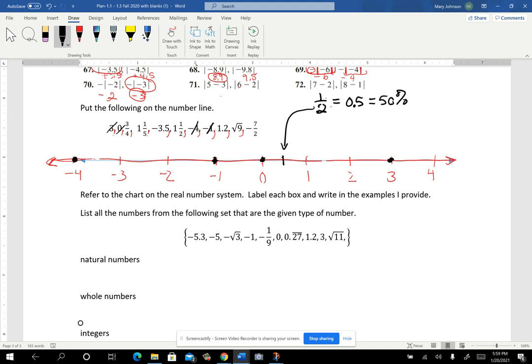Now 3/4 is like taking this unit from 0 to 1 and breaking it into 4 equal pieces. The first tick mark would be 1/4, 2/4, and then that would be 3/4. So there's your 3/4.